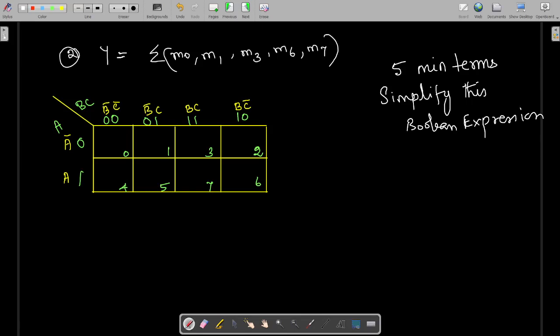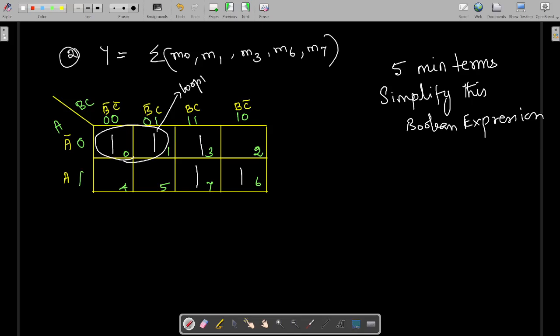First we have to place the ones corresponding to the min terms. It is M0, so I put a 1 here, and M1, then M3, and then M6, and then M7. Here I cannot combine 4 ones together with the adjacent cells. I can go for only the combination of 2 ones. First, I can combine these two; this is my loop 1.